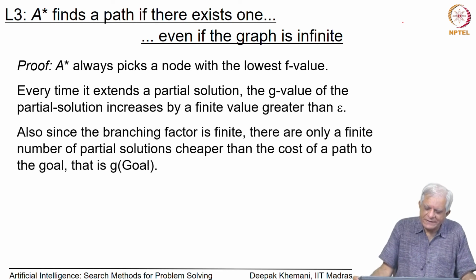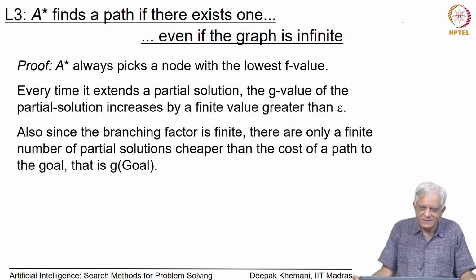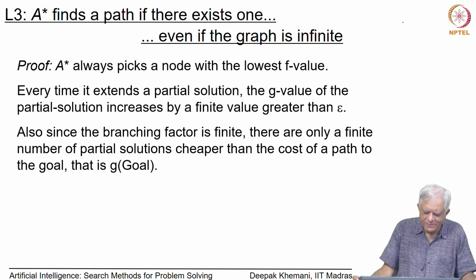Now, since the branching factor is finite, there are only a finite number of partial solutions which will be cheaper than the cost of a path to the goal node, that is g of goal, some path to the goal node, which is a finite value, and there can only be a finite number of partial paths.